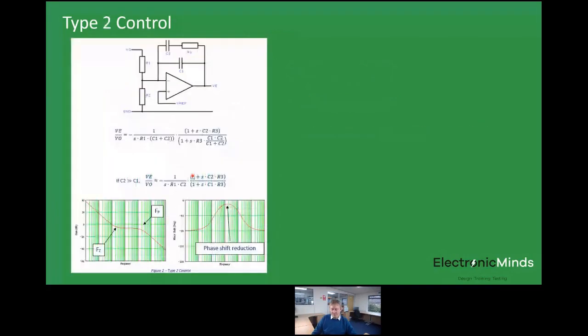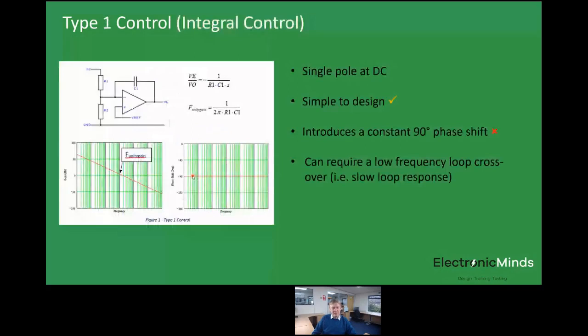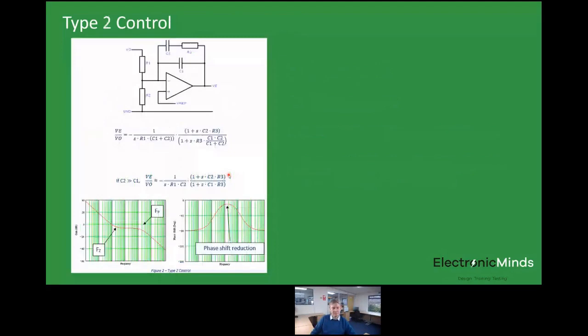The only downside of this, as I mentioned, is it can require a low frequency loop crossover, a slow loop response, and that's primarily due to this fact that we've got this constant 90 degrees phase shift through here. So we need to cross the loop over well before the dynamics of the power stage start to come into play. Otherwise, we can end up with an unstable system. So it's very simple, but it can end up being quite a slow control system.